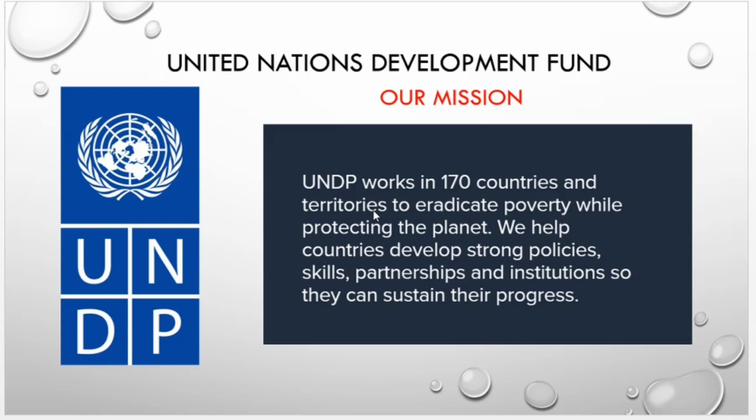Like here there are 170 countries. So it extends its services by allocating some of the budget that it gets to these countries which need it in a fight to eradicate poverty and protect the planet. But it extends its services only when that country asks for its help. If the country does not ask for its help, the UNDP will not do anything.